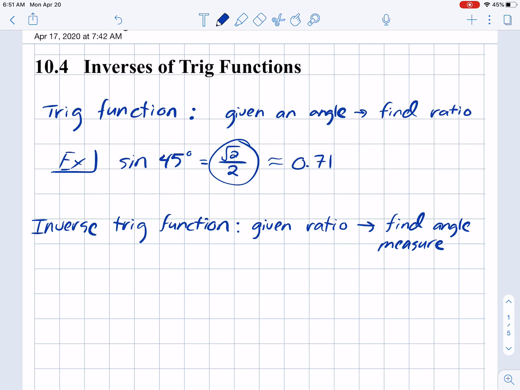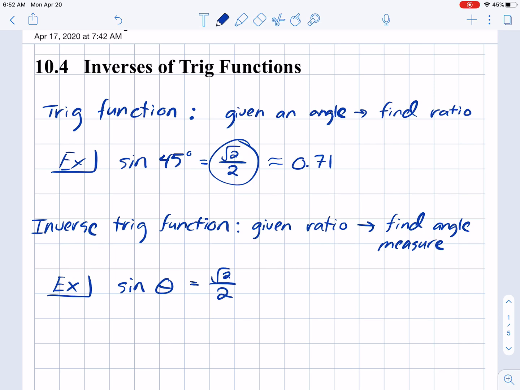Okay, so now doing just the opposite, where we are solving for the angle measure given the ratio. So now you might see something like this. Sine of theta equals root 2 over 2.